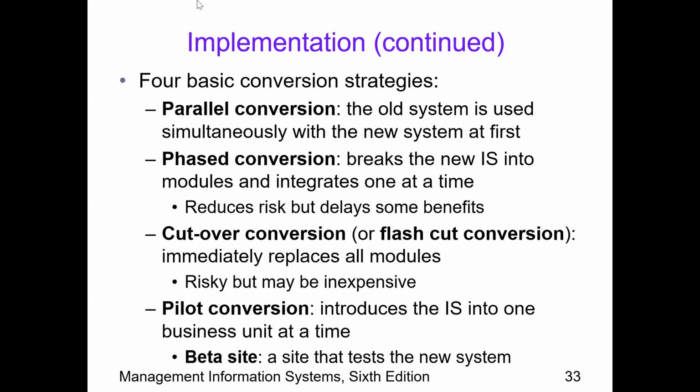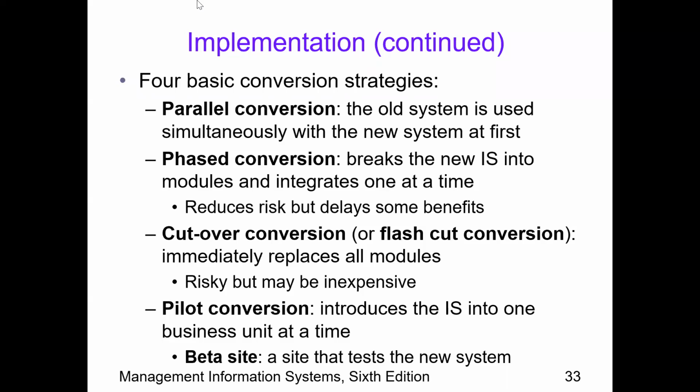Parallel is the most expensive of all of them because you need to run two systems at the same time. You need to put in two entries at the same time. But the good thing about it is, when one fails, you can just move to the other one. This one is only one module. If your account payable goes bad, you have the other one working, you focus on the account payable and resolve it. There's another one that is called cut-over conversion.